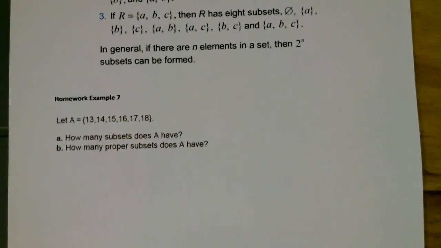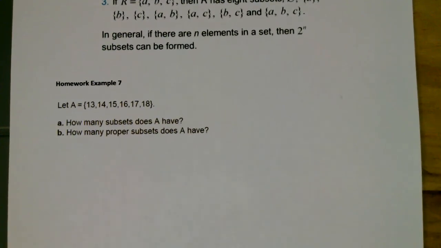So in this homework example, let's say we let A equal the set with the elements 13, 14, 15, 16, 17, and 18. And in this case, if we want to find how many sets does A have? What subsets does this set A have?